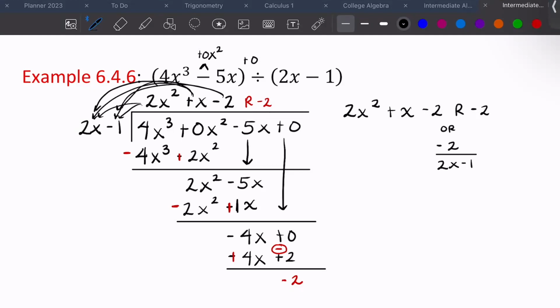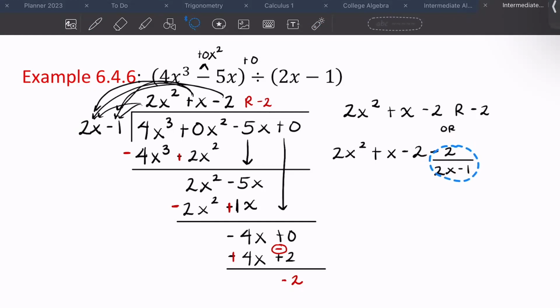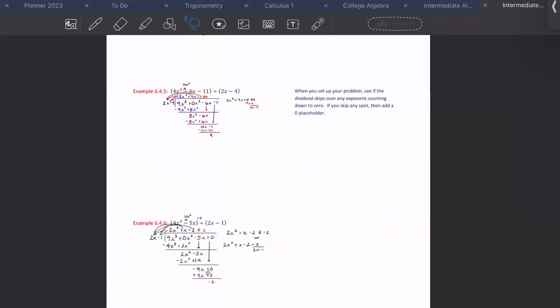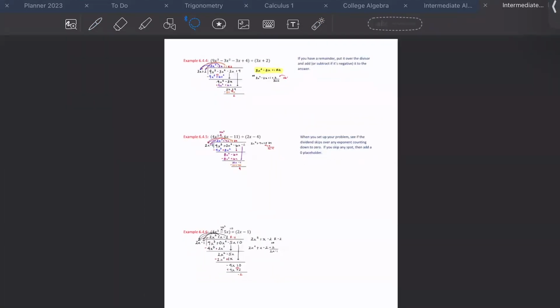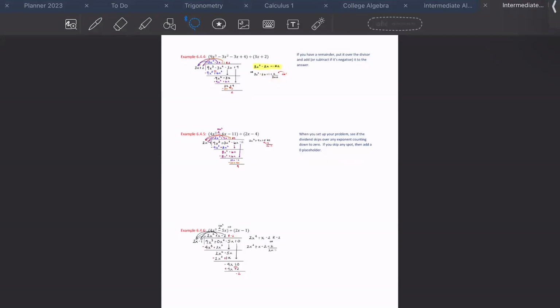Okay, so the whole thing would look like this. Like that. Okay. And that is long division. Okay, so just following those steps every single time.